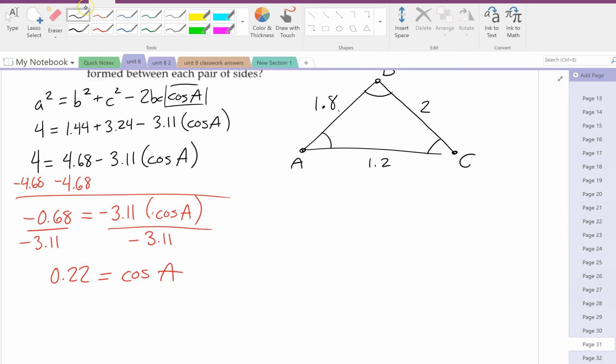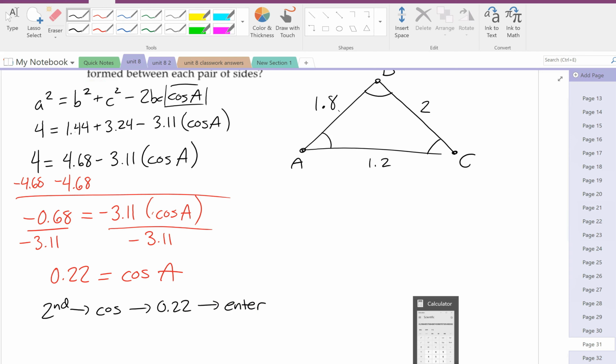Okay, so once I get to this point where the only thing on one side of the equation is a trig function of some angle, now is when I do the inverse cosine of 0.22, enter. That's what it looks like on your calculator. Again, mine's going to look a little different.